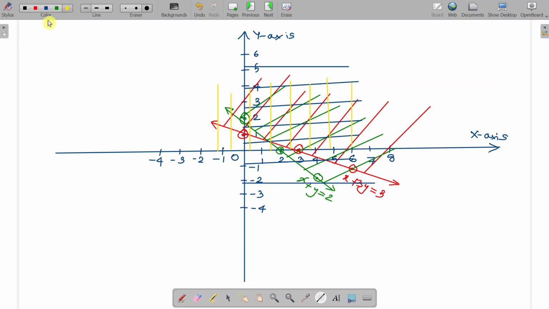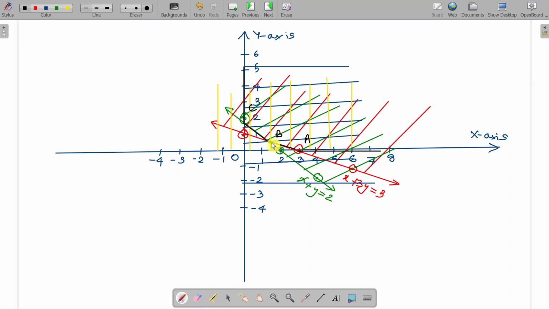If you look at the intersection of all these regions, it is this. We will name this point A, and B this point, and this is C, right?